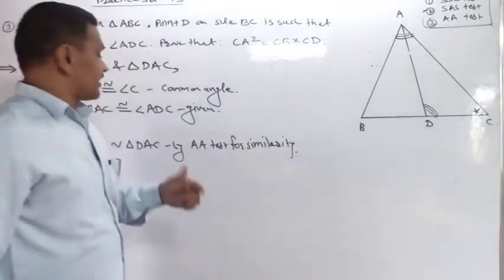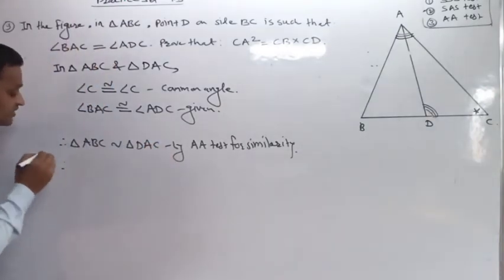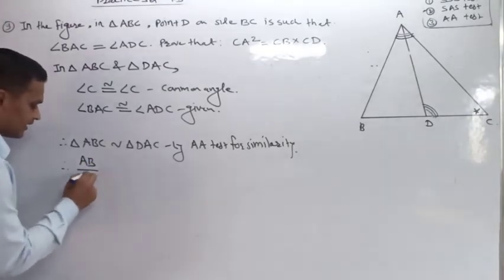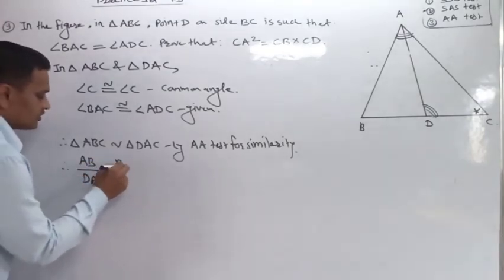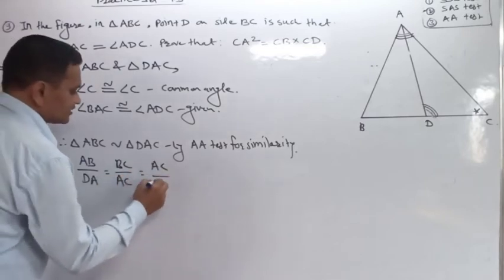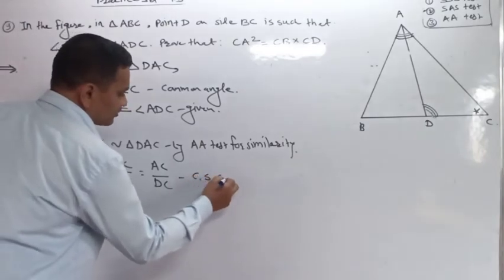If two triangles are similar, then their corresponding sides are in proportion. Then I am going to write here the sides in proportion: AB divided by DA equal to BC divided by AC equal to AC divided by DC. Corresponding sides of similar triangles.